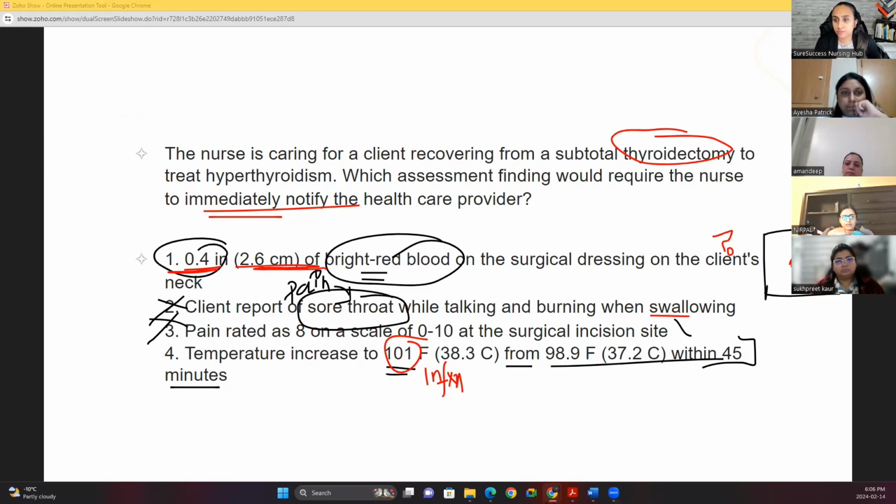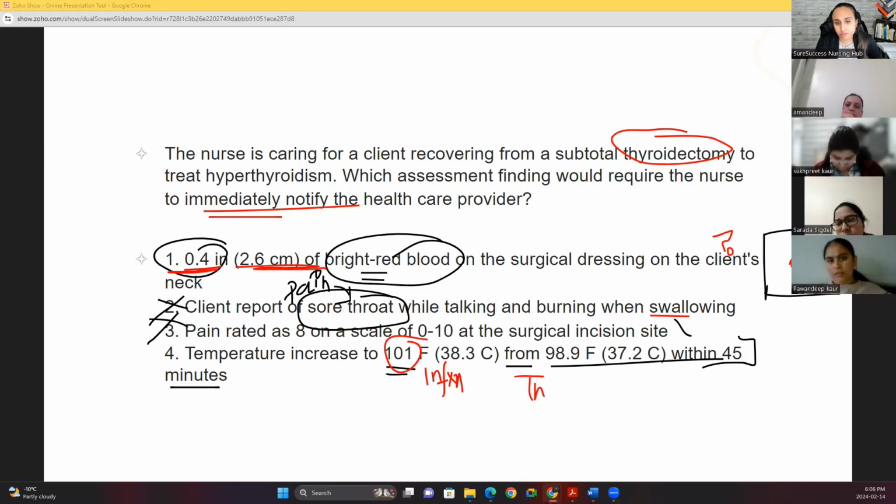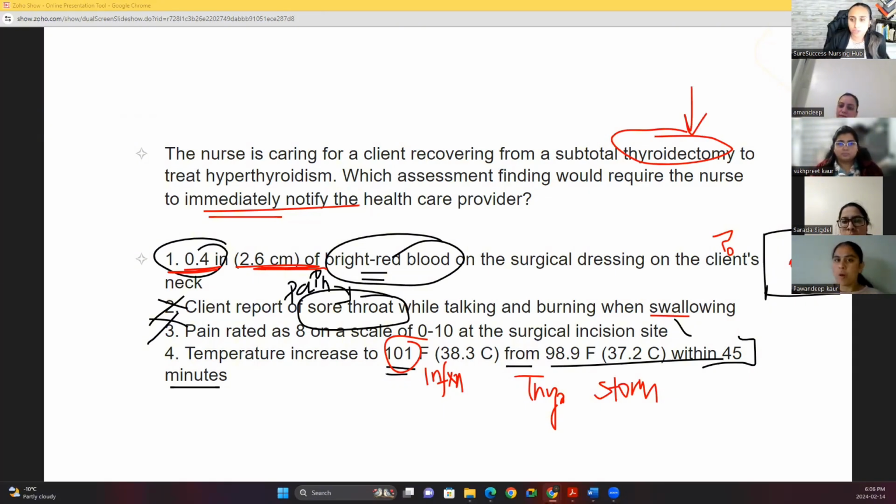Temperature will be increased in hyperthyroid. Thyroid storm. I told you guys that thyroid storm is a super increase in temperature. So does a temperature increase always mean infection? For everybody, yes. So now you have to assess that the thyroidectomy has happened.